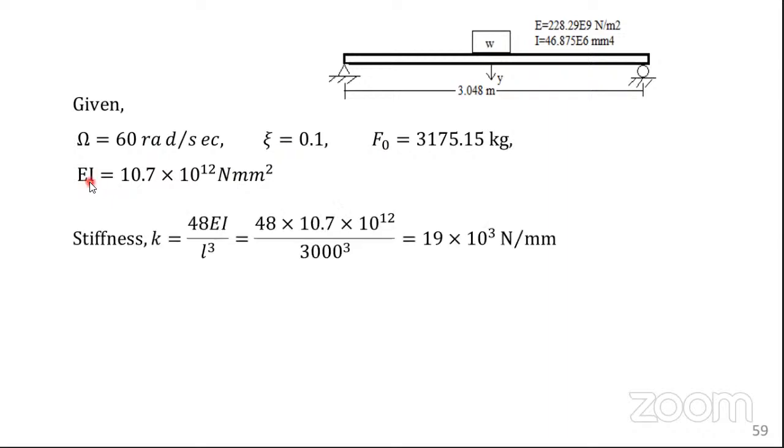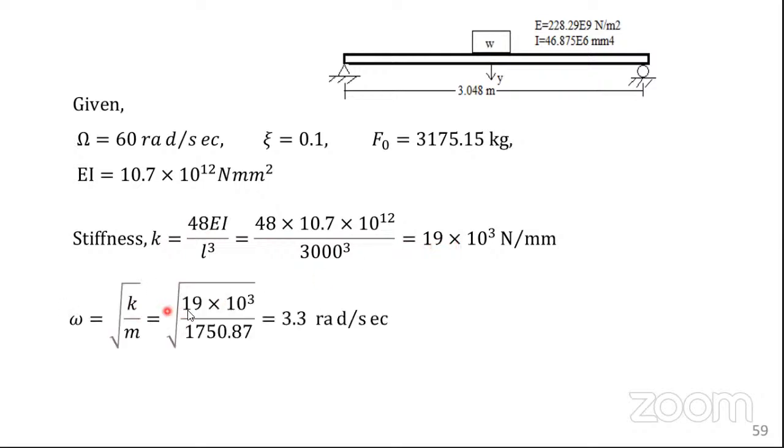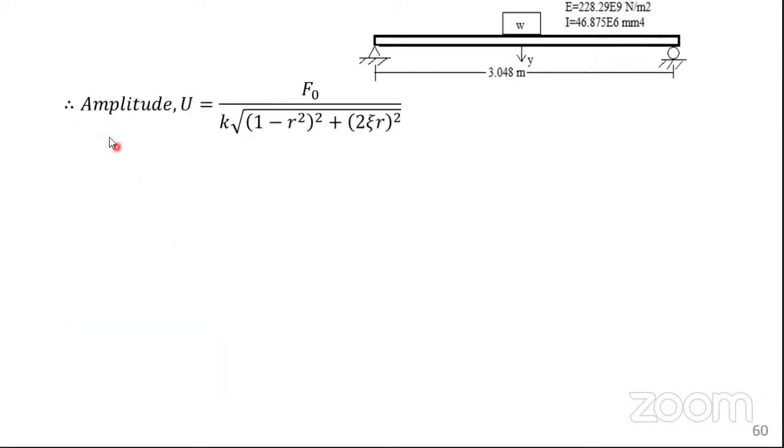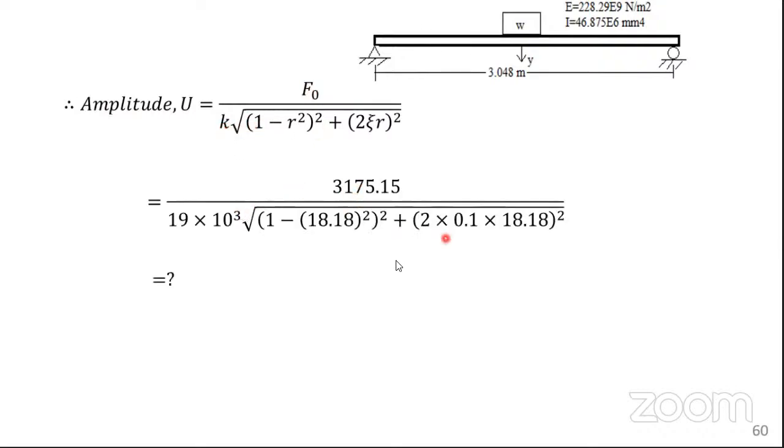This EI I've already multiplied with that. You can calculate what is the stiffness. Okay, so I'm moving fast because it's a repetition of what we have already done. Omega is given, r is like that. Amplitude is, of course, F naught over K. You substitute, and you're going to get your answer there. I've moved very fast here because it's just a matter of substituting.